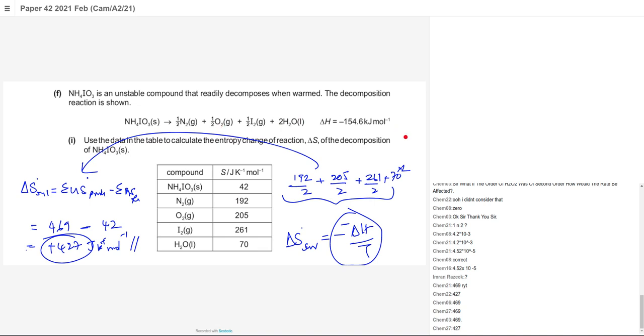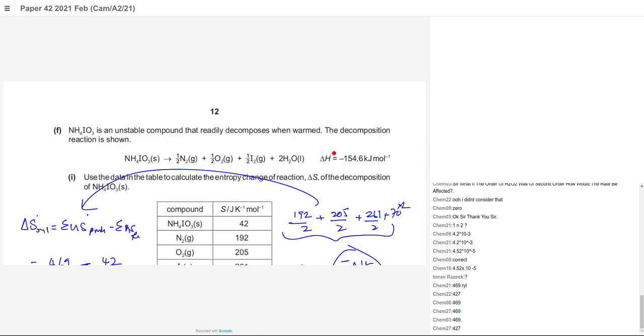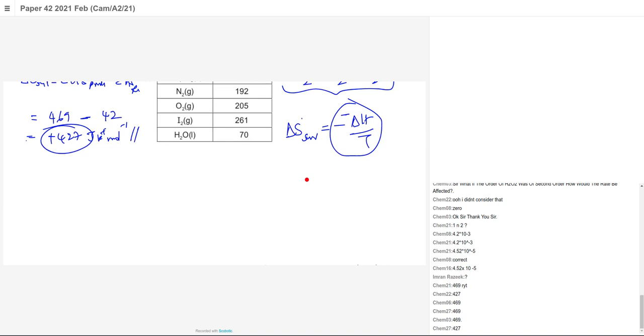So it's feasible at all temperatures, right? That's one approach. As it says to use F, that means you use this value, use the sign. As the reaction is exothermic, the surrounding entropy is positive. As both system and surrounding entropies are positive, total entropy will be positive, therefore it's feasible.